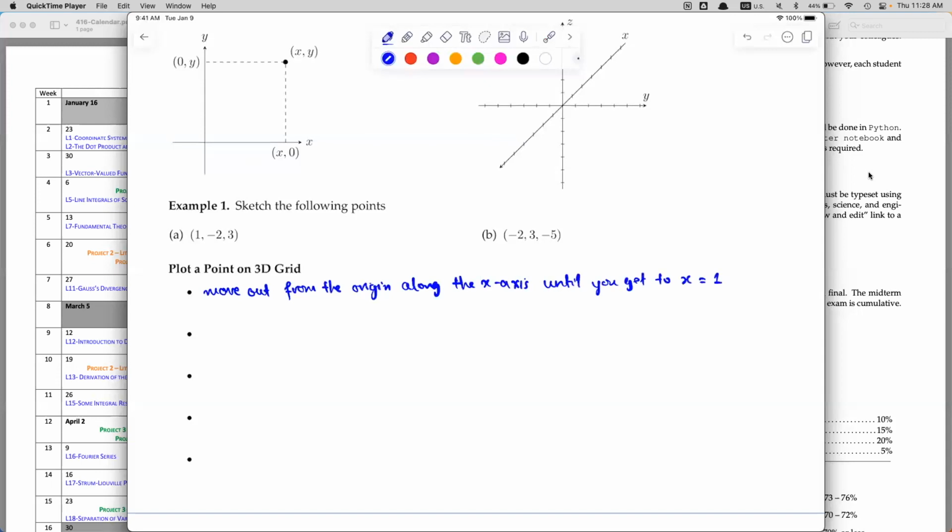So in this case, I want to use example 1a: the point 1, -2, 3, so x equals 1, y equals -2, and z equals 3. So the first step is to move out from the origin along the x-axis until you reach x equal to 1. Right. And then start where you left off on the x-axis.